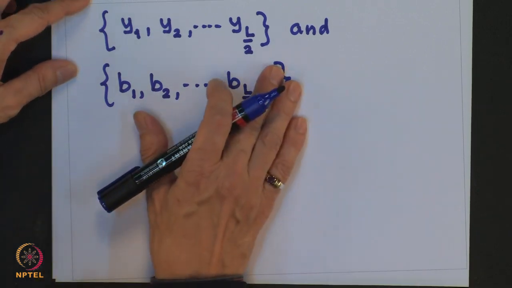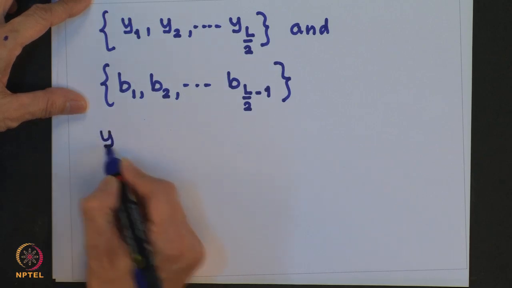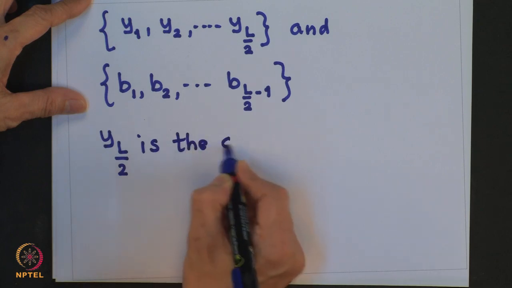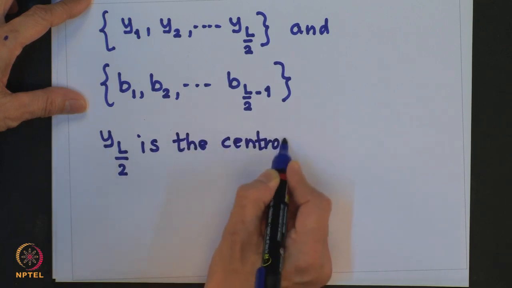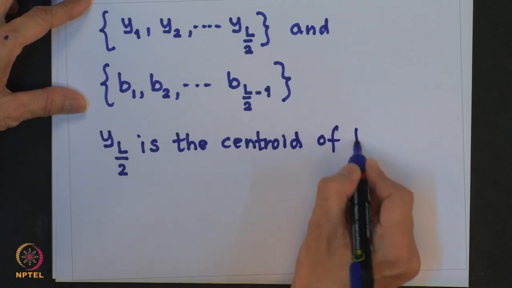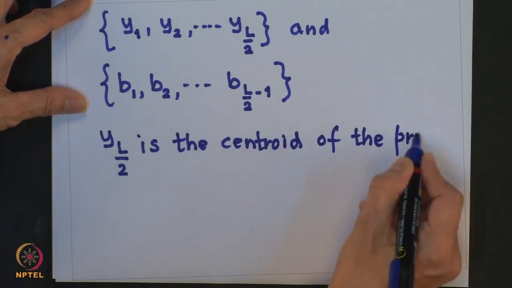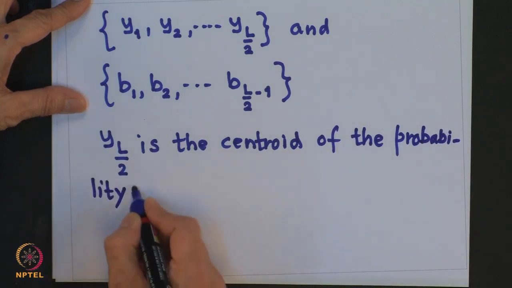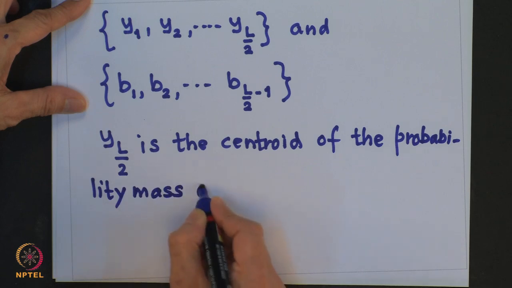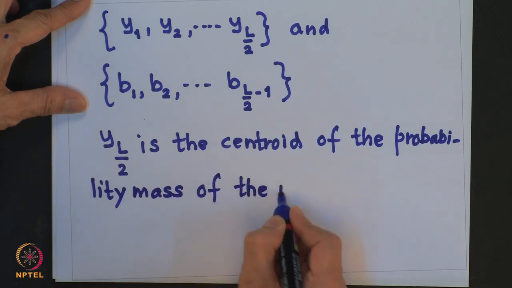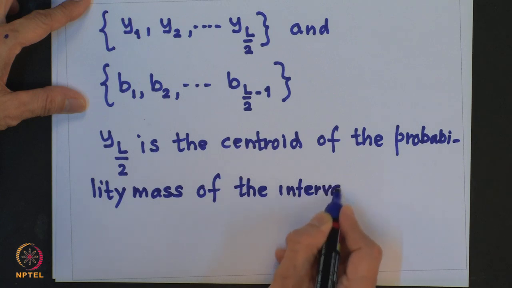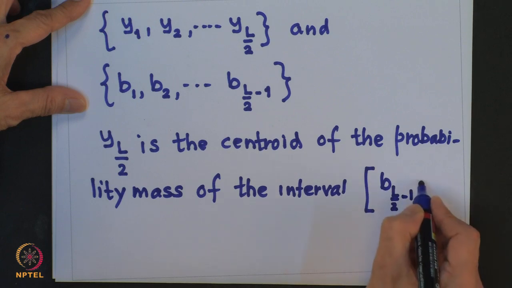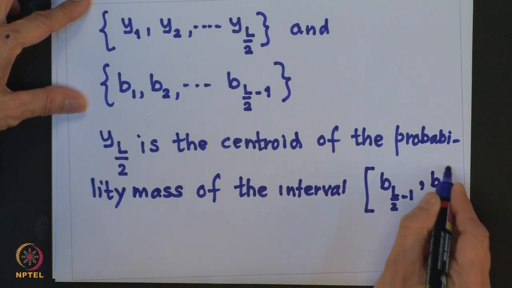We can check this by noting that yL/2 is the centroid of the probability mass of the interval B(L/2 - 1) to B(L/2).